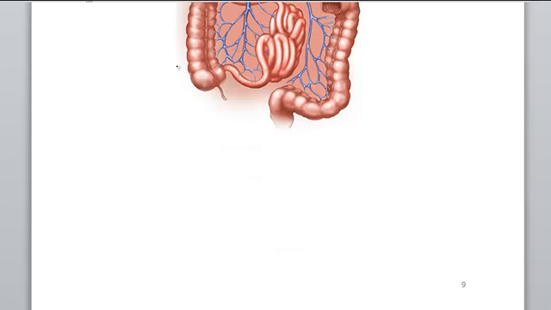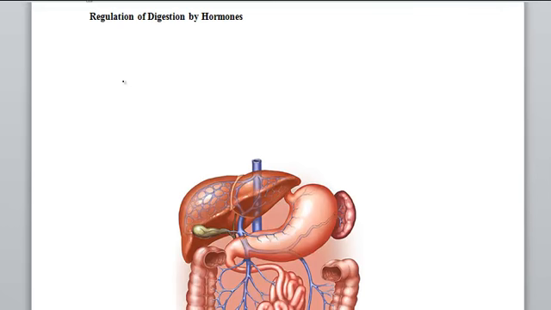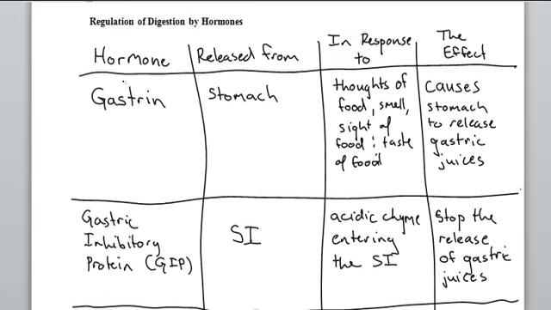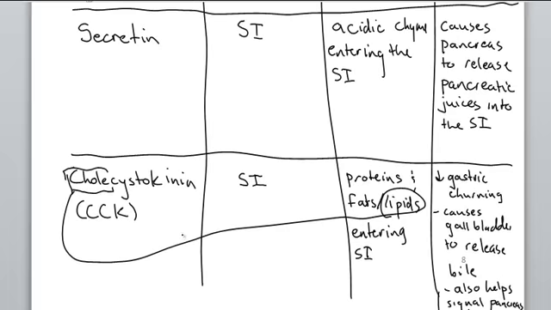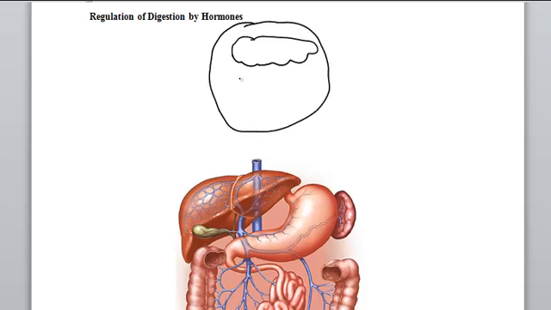Now here we have a picture, and I'm not going to draw this picture for you right now on the video. We're going to work on this in class, and what we're going to try and do is take this table and try a little face up here with a brain. We're going to show how these different hormones affect the other organs.